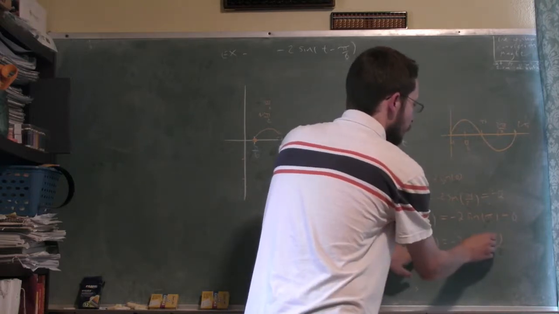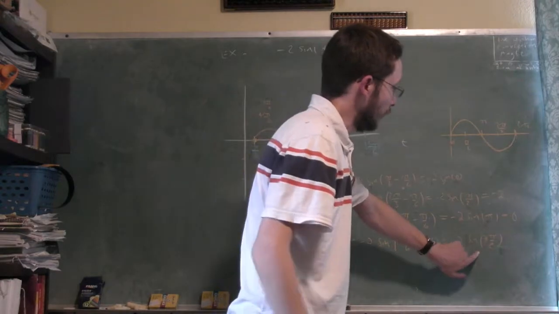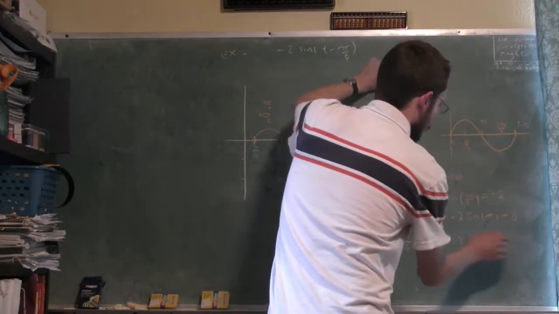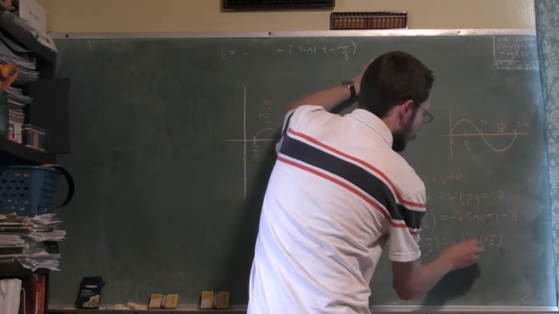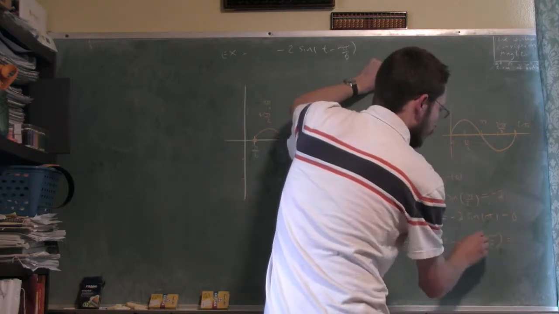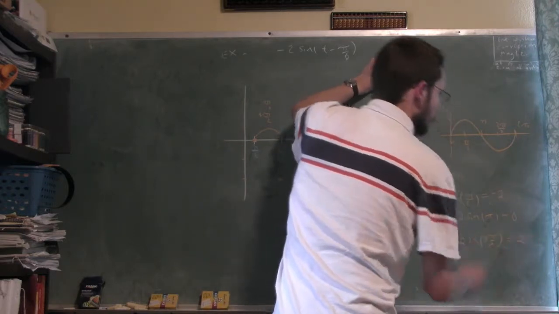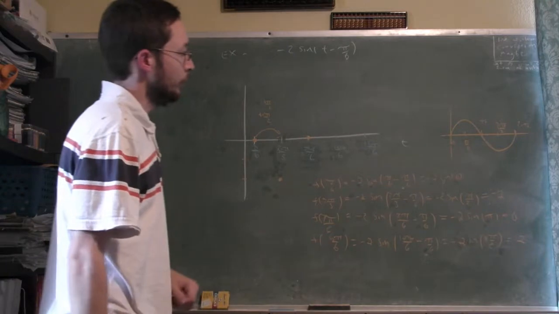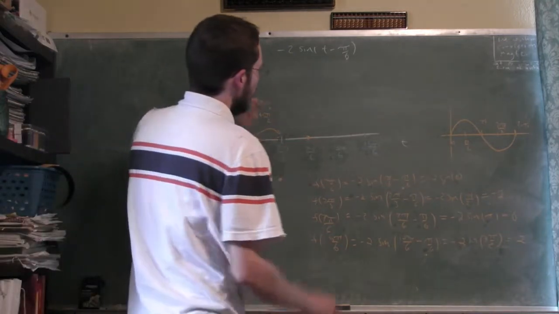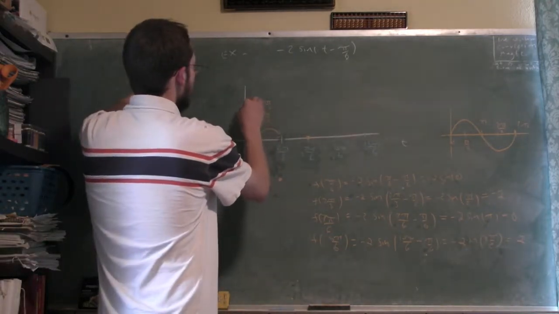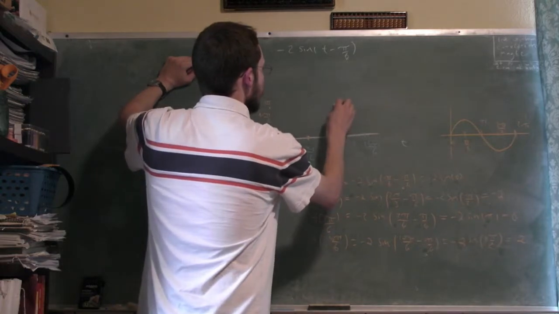That's 3 pi over 2. Sine of 3 pi over 2, we know is negative 1. Negative 2 times negative 1 is 2. Okay? And so at this point, 10 pi over 6, the y value is 2.